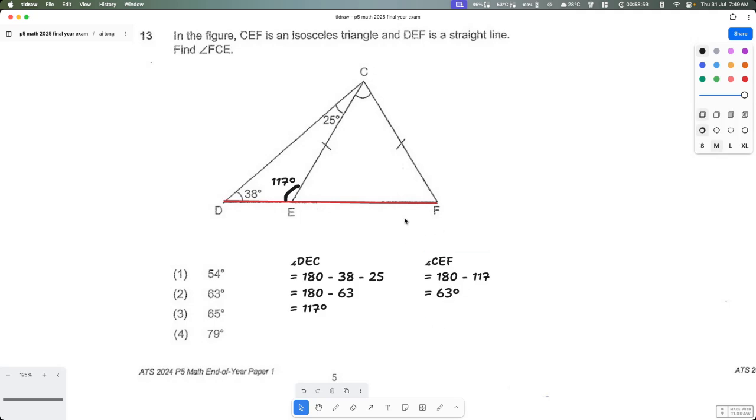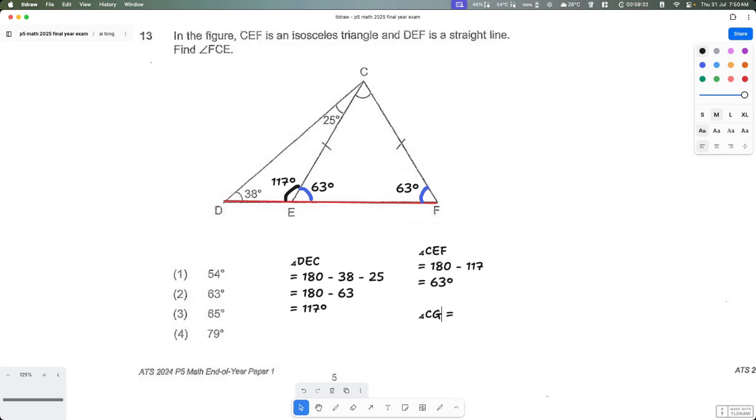Now we know CEF is 63. I'm going to draw another one, maybe in blue. This is 63, and if it's an isosceles triangle, this is also 63. So angle CFE is also 63 degrees.